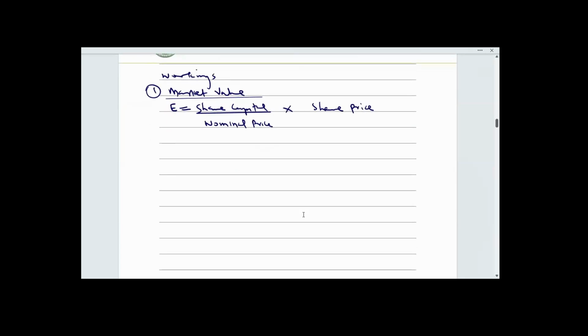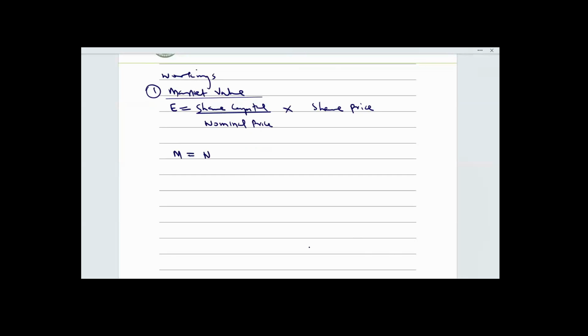So now for Mississippi, we want to calculate the number of shares. I will go to the question: what's the share capital of Mississippi? Share capital of Mississippi is 4,000. All right, figures are in thousands.